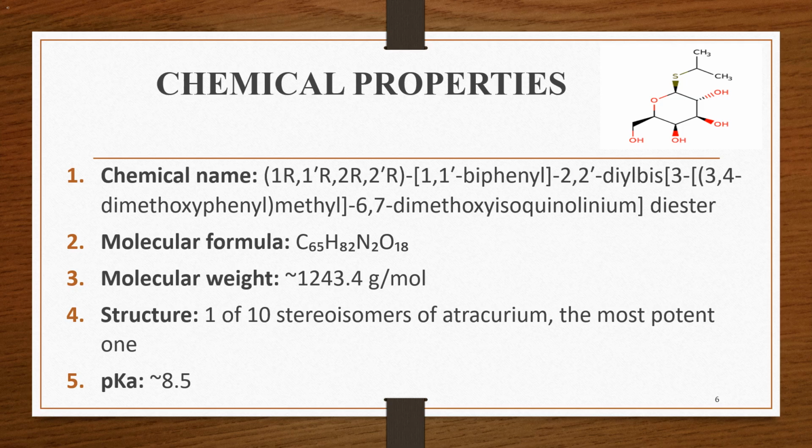Structure. 1 of 10 stereoisomers of Atracurium, the most potent one. Cisatracurium is a specific isomer of Atracurium and is more potent than other isomers. 5. pKa. Approximately 8.5. The pKa value indicates the acidity-basicity of Cisatracurium, affecting how it behaves in the body.